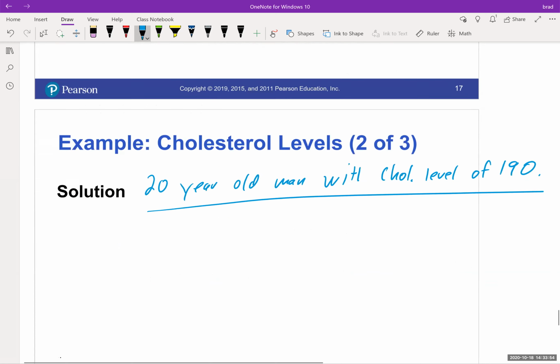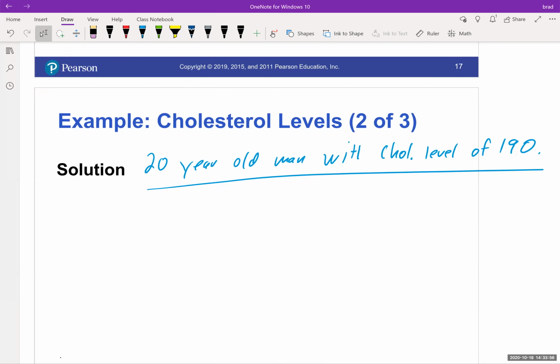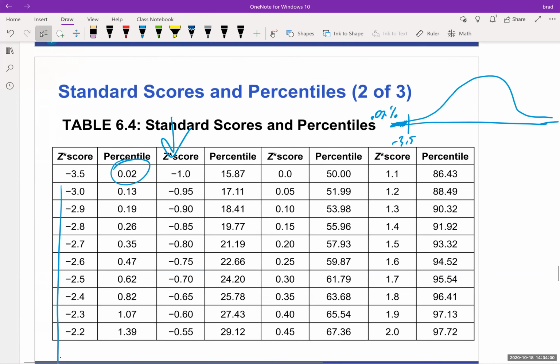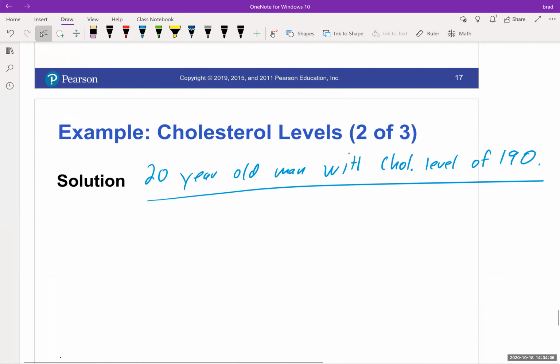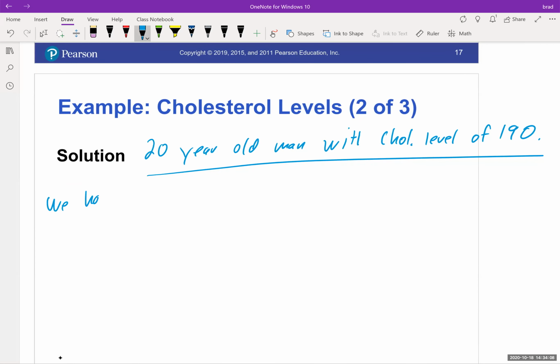So I have to create a z-score and then find the percentile of that z-score. Because this table doesn't have 190 cholesterol, this only has z-scores, we have to standardize this. We have to convert it. So we have to standardize 190, okay? So we have to make 190 into a z-score.